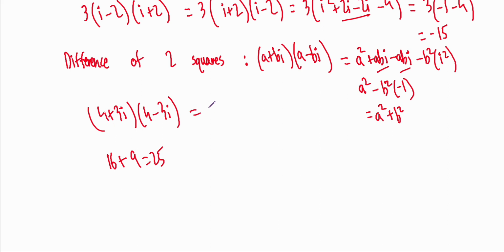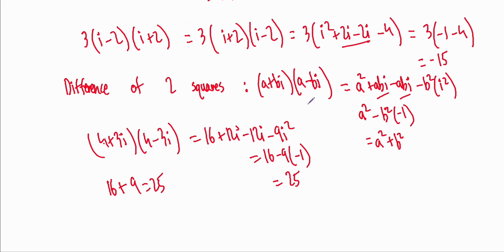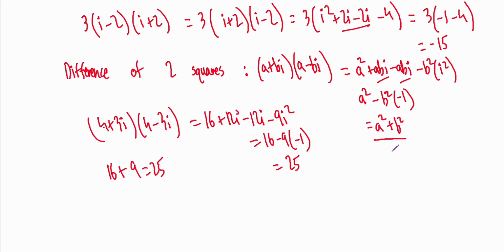We have 4 times 4 is 16, plus 3i times 4 is plus 12i, and then plus 4 times negative 3i is negative 12i, and then plus 3i times minus 3i is negative 9i squared, which is equal to 16 minus 9, and then i squared is negative 1. So we end up getting 16 plus 9, which is 25. So look, multiplying a complex number by its conjugate actually ends up giving you a squared plus b squared. This is different from our previous knowledge of algebra where you got a squared minus b squared.